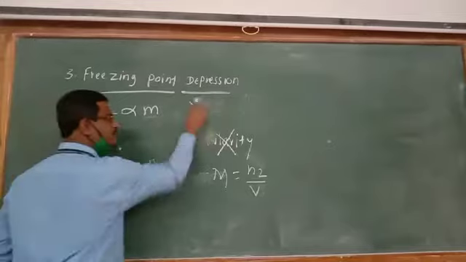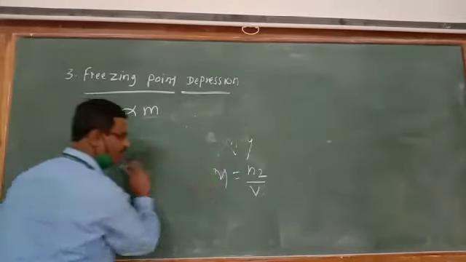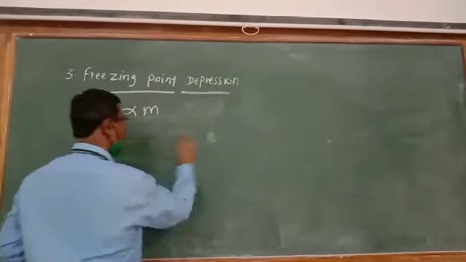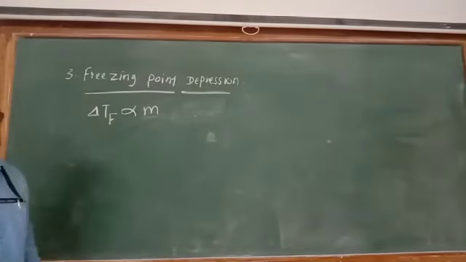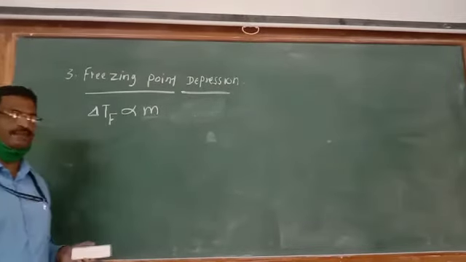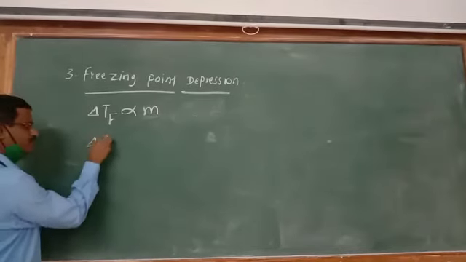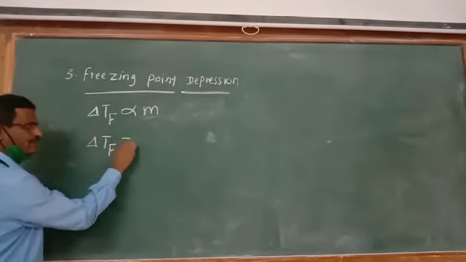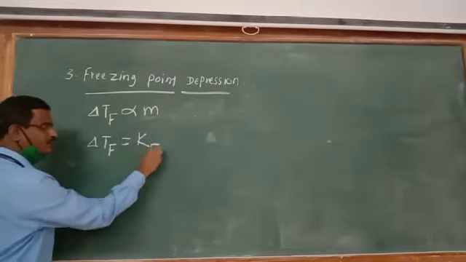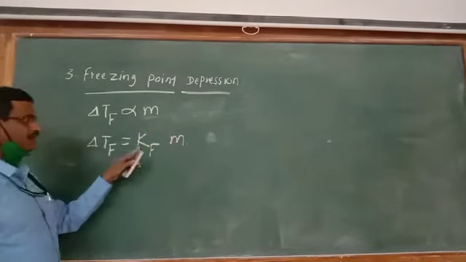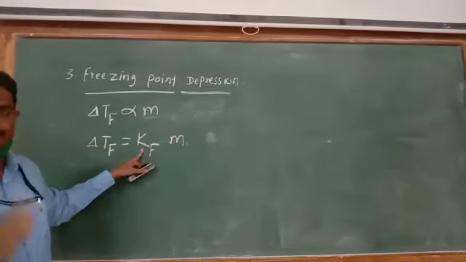Small m is used, capital M cannot be used, and this small m is used to calculate the molar mass of solute. Let us see over here. If we take certain proportionality constant, delta Tf is equal to Kf into m. This Kf has different meanings.